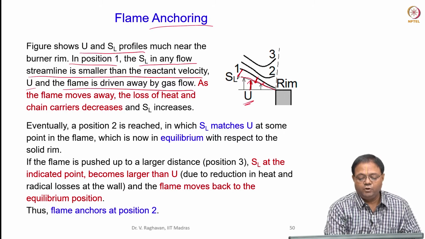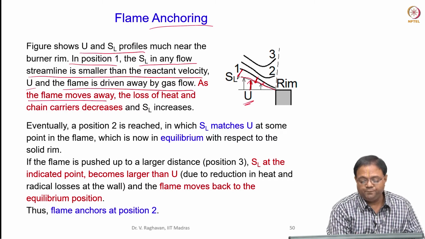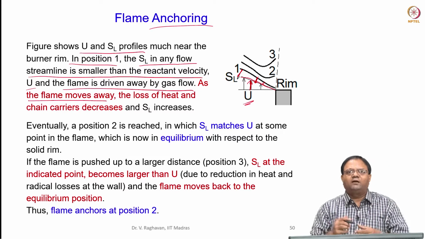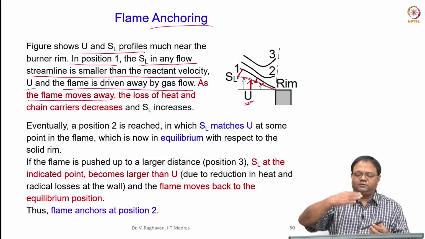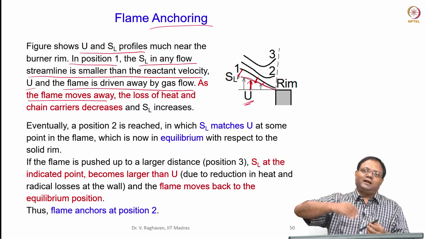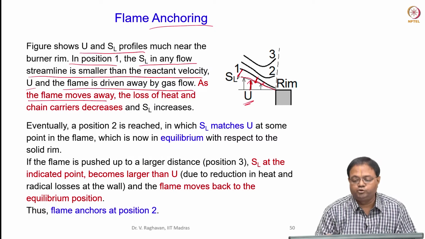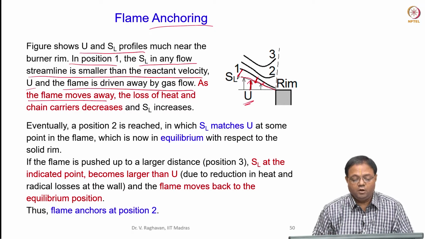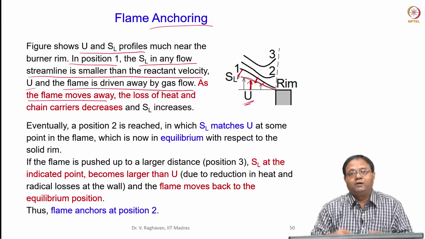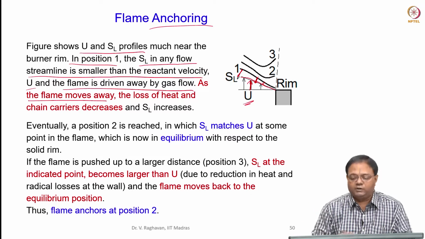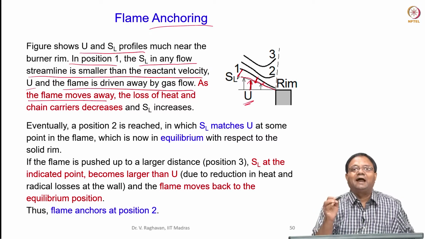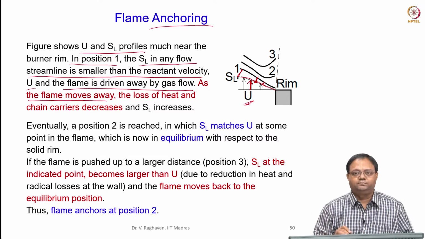As the flame moves away, it is only a small perturbation. Due to the slight increase in the velocity, it just moves away. Now it goes to position 2, where when it moves away the heat loss to the rim decreases. Similarly, the radical losses to the rim decrease, correct?